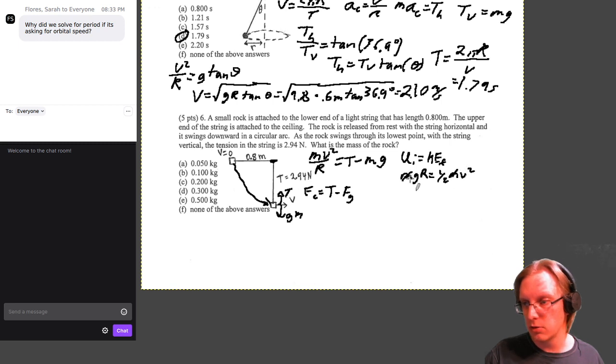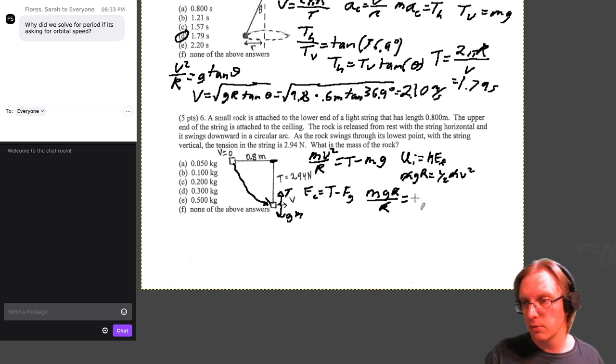Masses cancel, and we end up with the velocity squared of gr. So then we end up with m gr on r. R is canceled. That's nice.